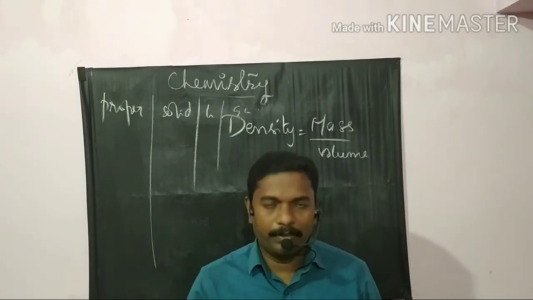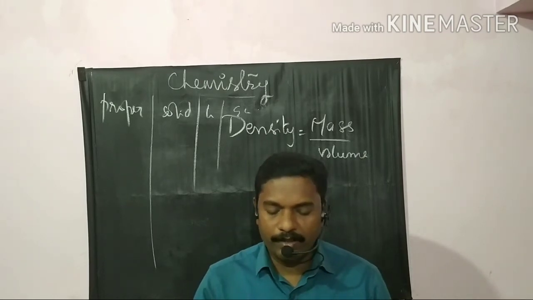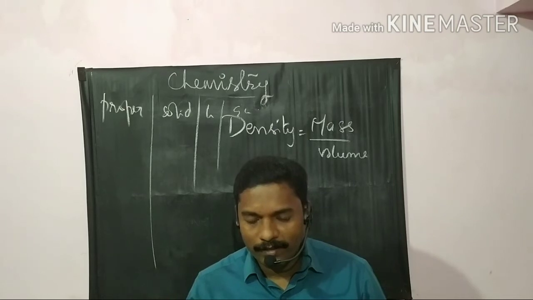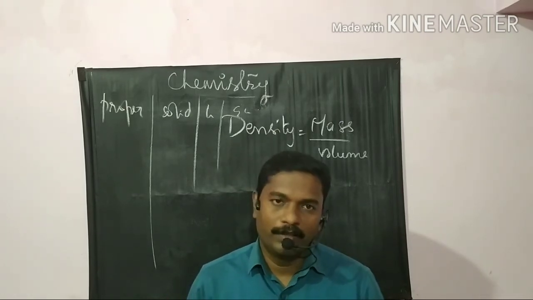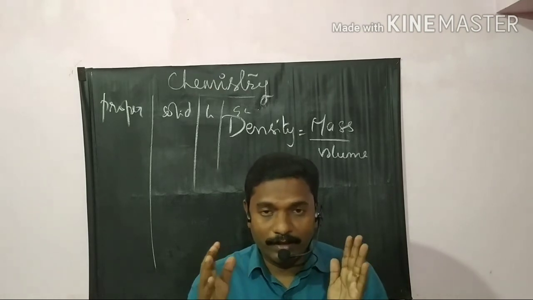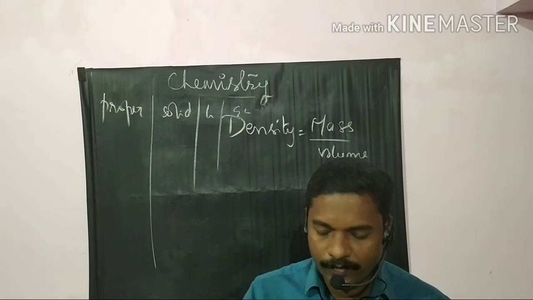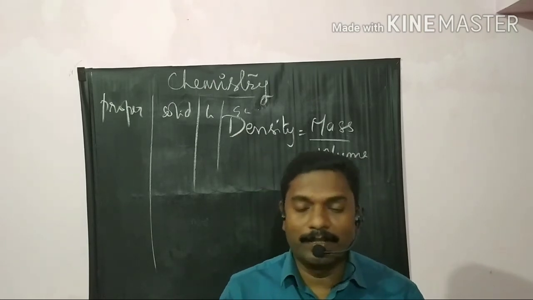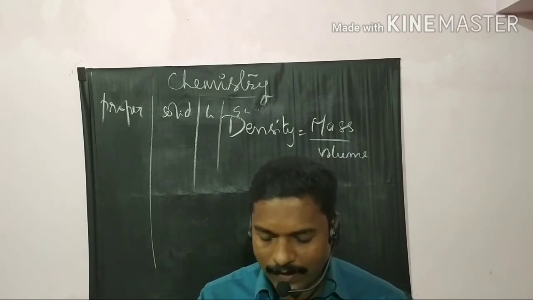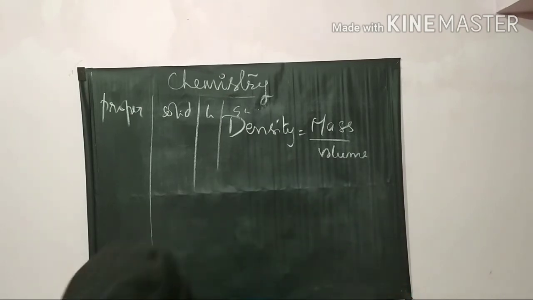It has fixed shape, fixed volume, and rigidity, etc. Since this wooden table has the properties of solids, we can consider a wooden table as a solid.